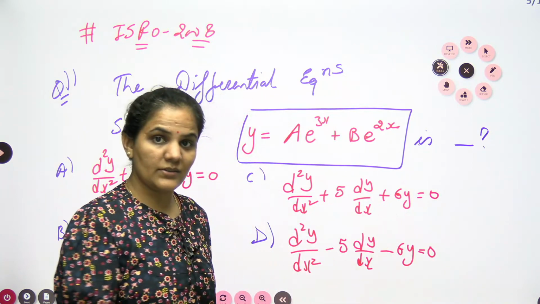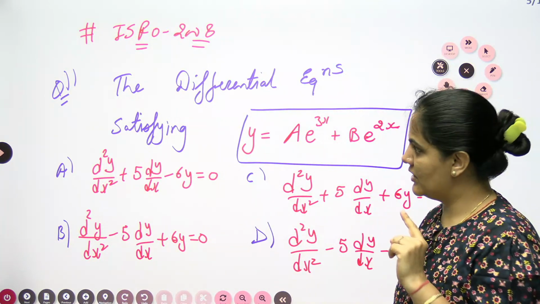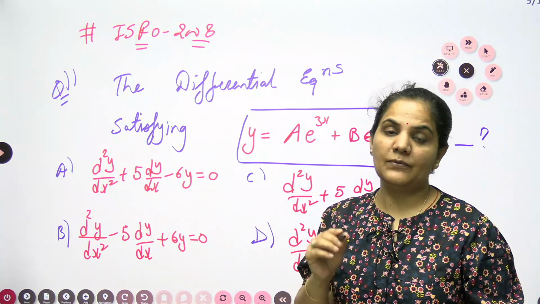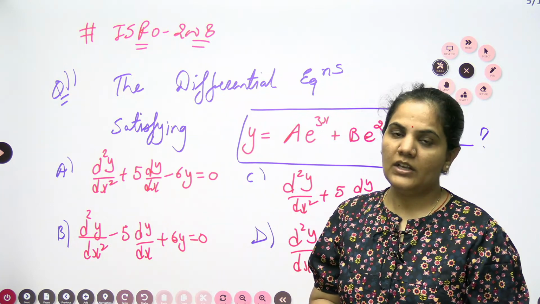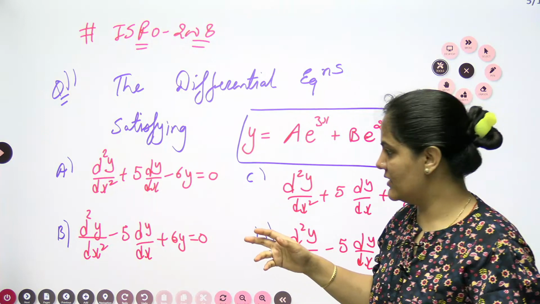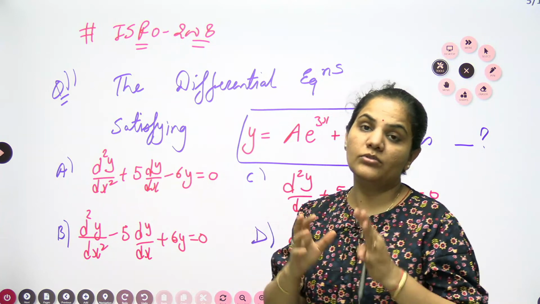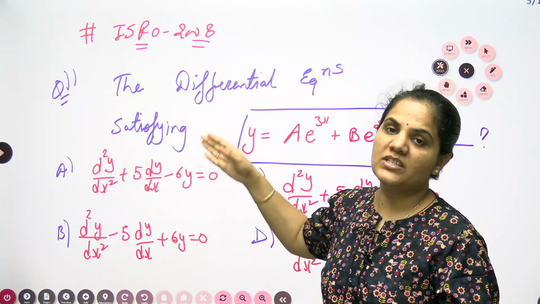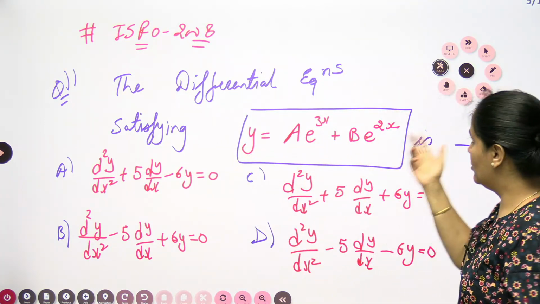So we are having a very good question. We can approach it very easily, as this is a question where the solution is given to us and we need to identify the differential equation among the options. If you want, you can go through the options. If you don't want to solve it directly, you can check the options one by one to see which equation gives the correct solution, or you can go with the reverse mode also.